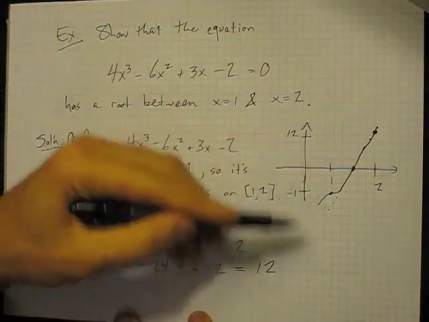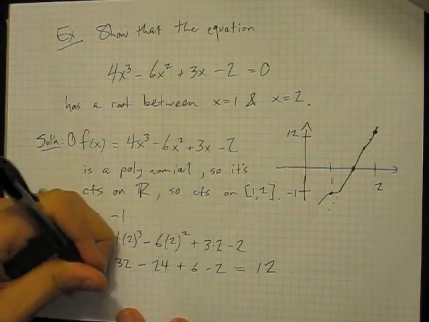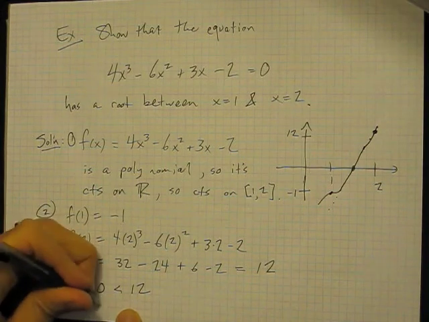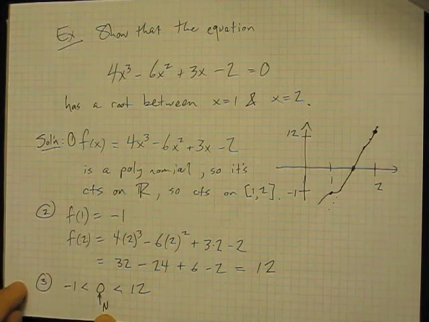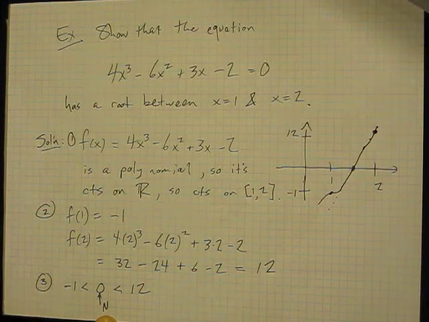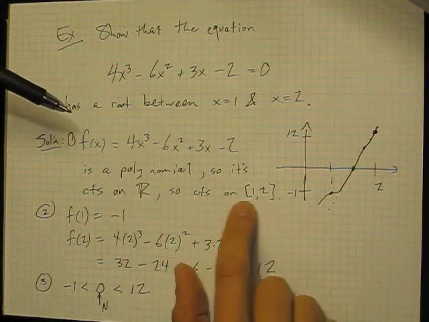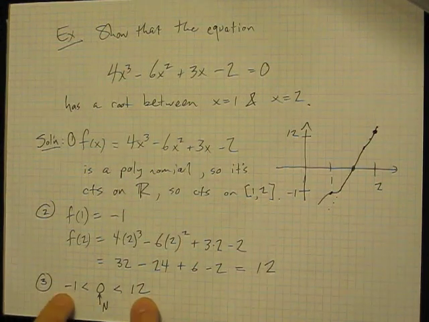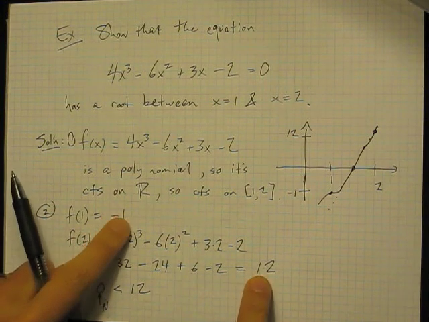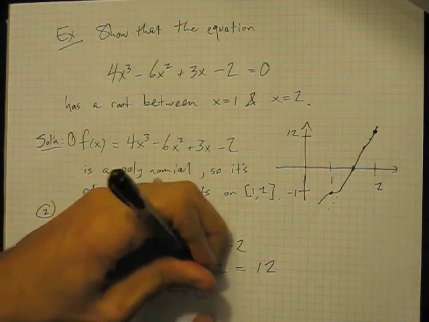That was part 3. Notice that minus 1, 0 is in between these two values. So this right here is the n in the statement of the theorem. If we think carefully about the statement of the intermediate value theorem, it says if you've got a function that's continuous on an interval, and you pick any number in between f of the endpoints of the interval, then there's got to be some number. So this is part 4.